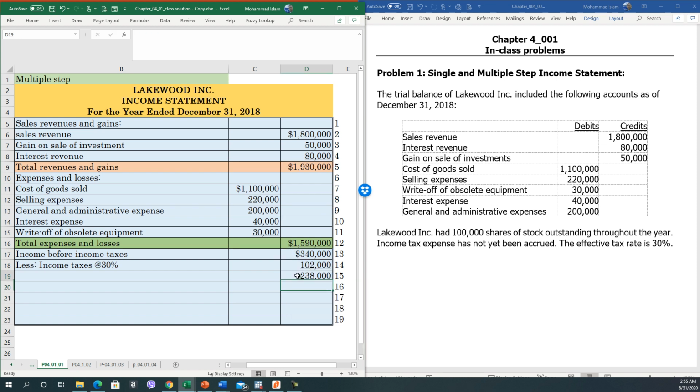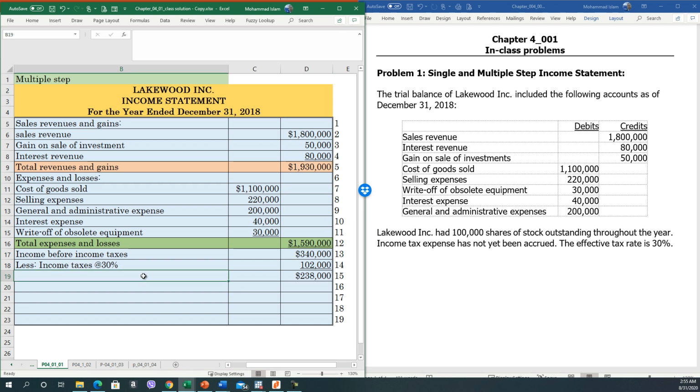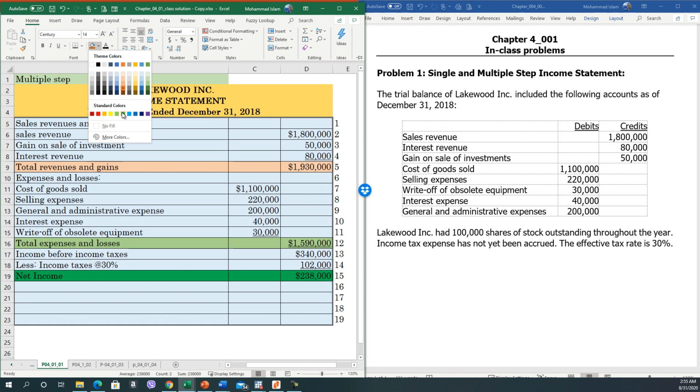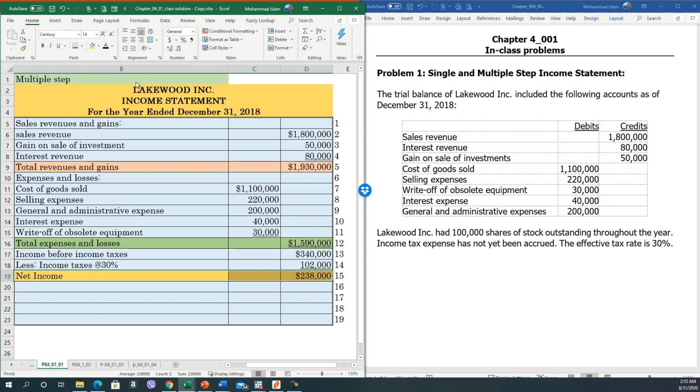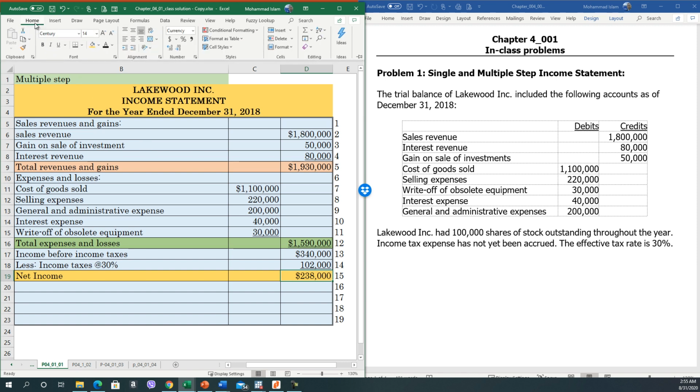Here you go, this one is our net income. I am giving this one a different color. This one is too dark, so let's use a lighter color. How about this one? Yes, this one is better. So this is the closing.